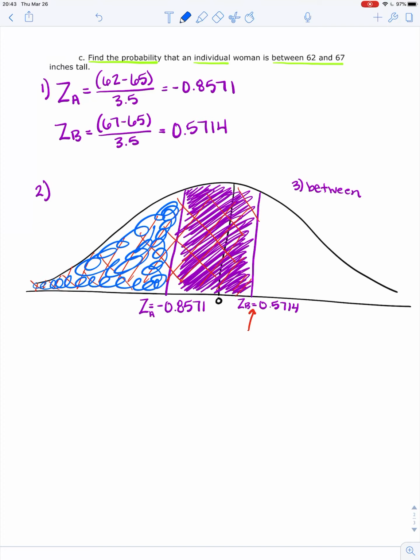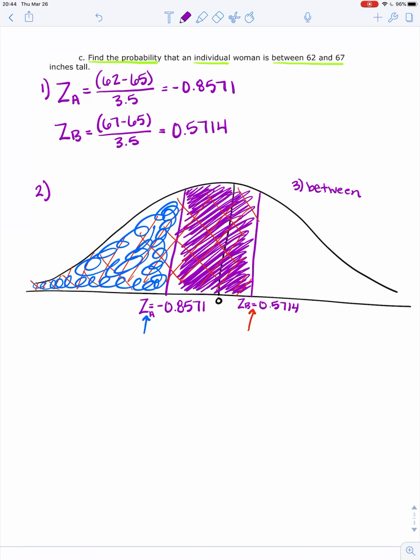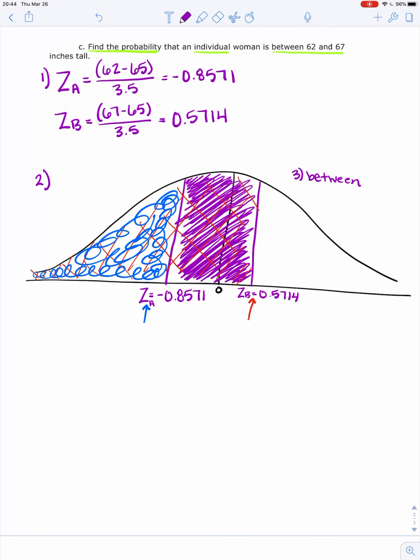So if I take the probability that I get from plugging in ZB and I subtract the probability I get when I plug in ZA, the ZA probability is getting rid of the extra information that I got when I plugged in ZB. So the result is just that middle area between the two that I originally wanted. So again, you can do this all in one step, or you can find each of these individually and do that subtraction. But this is what you're going to do when you have a question asking about between.